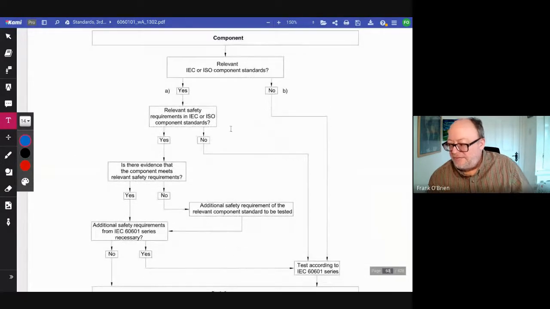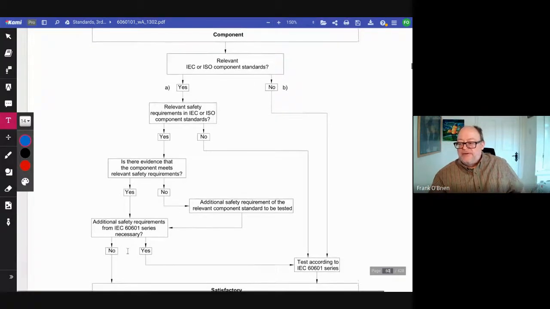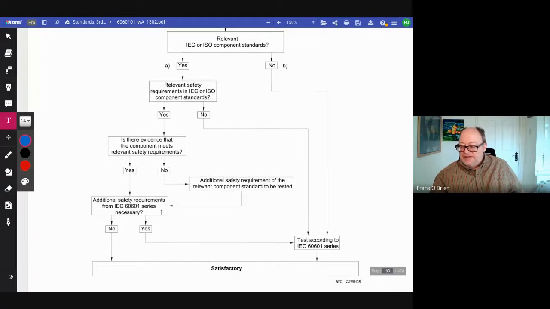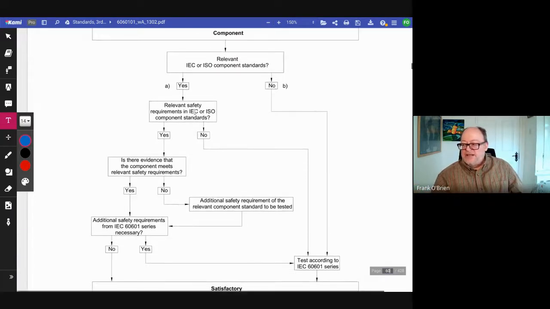Can you see that? Probably not. Relevant standard, no: meet the end product, yes. Relevant requirements of the standard, no. Yes. Is there evidence for the component? Yes. Additional safety requirements at 601. So while the clause isn't very clear, it is clear from the flow chart that the intent was you're always going to meet the standard generally, and then additionally the component standard, okay?